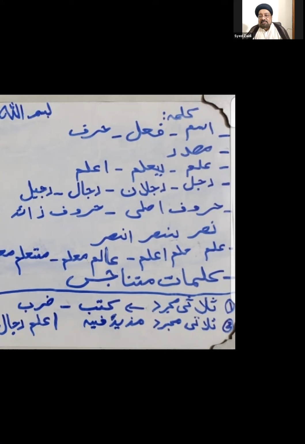These two letters are called huruf zaid, and ra, jim, and lam are huruf asli, the original letters. We move on to the other word, rijal.